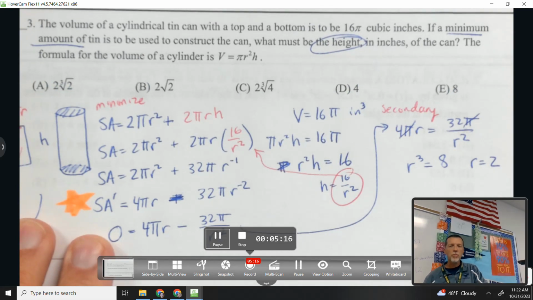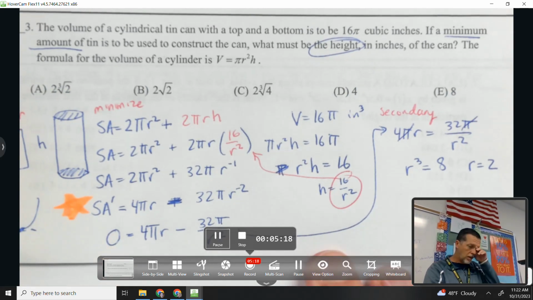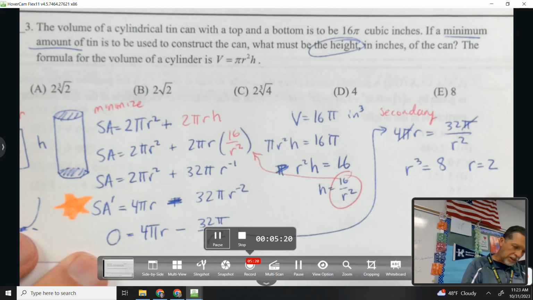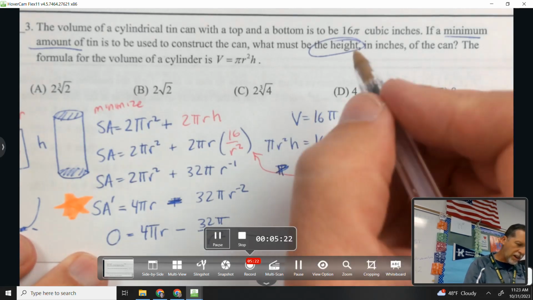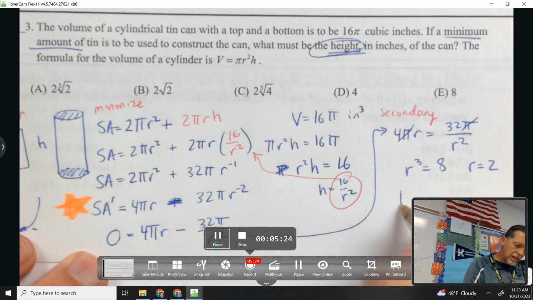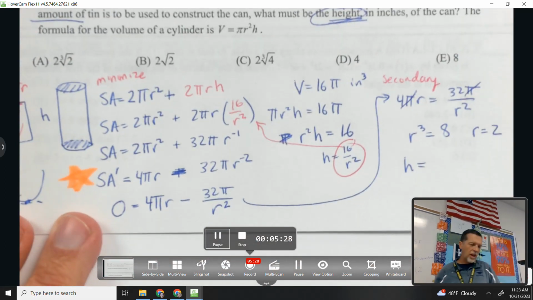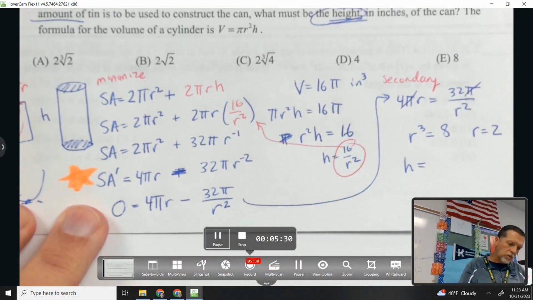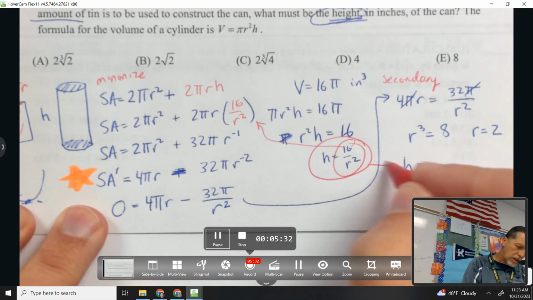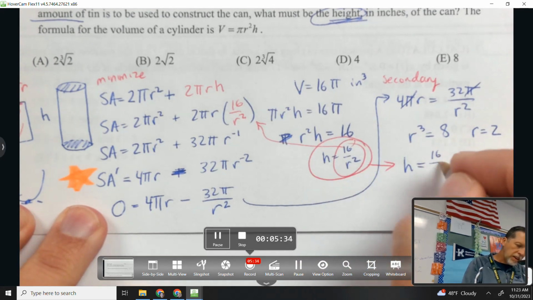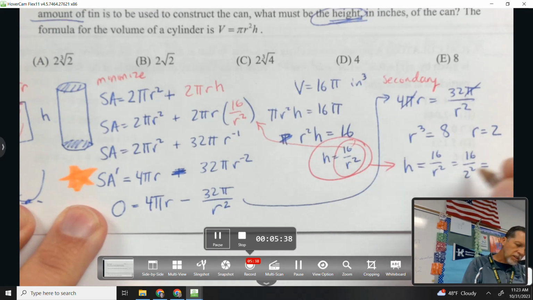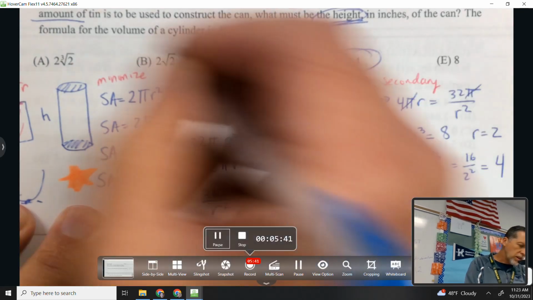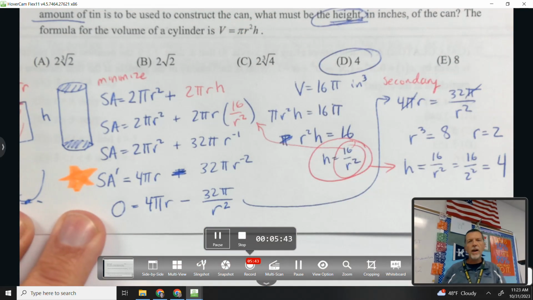I'm a little surprised that's not one of my answer choices. But it didn't ask for the r, it asked for the height. So somewhere in that nest of work, I should have an equation for height that I can use. 16 over r squared. So 16 over 4 is 4. So my height is 4.